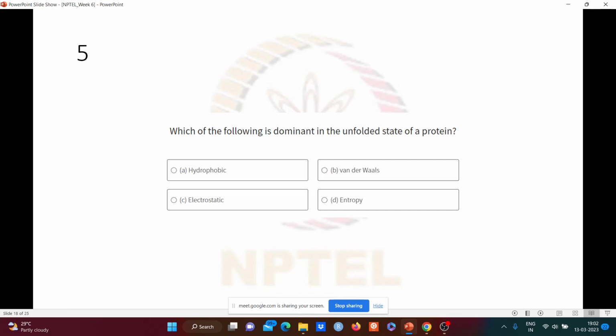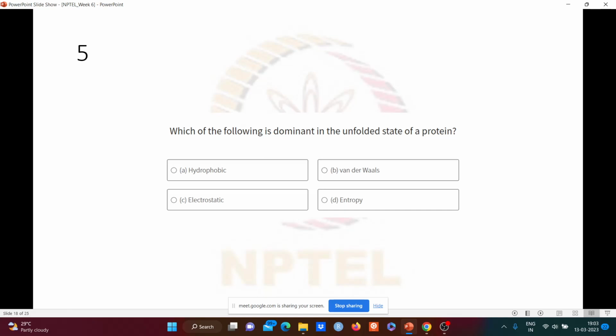Okay, some answers. Yeah, here when we see the options, the first three options correspond to the covalent interactions and non-covalent interactions that we see. Next is entropy. Entropy refers to the randomness or disorder in the system.